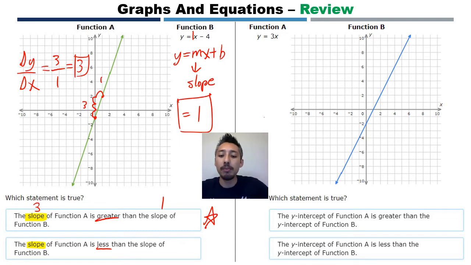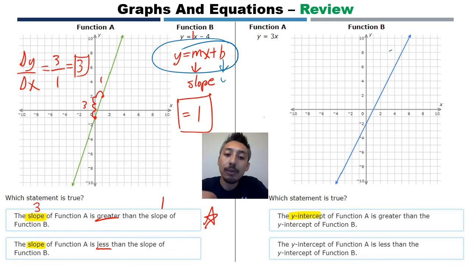For the second problem, we are being asked to compare the y-intercepts for both of these functions. For function a, we have y is equal to 3x. So if we look over here at slope-intercept form, we know that b is the y-intercept. So it's the number that's at the end, after the x, after the m. It's whatever number is at the end.